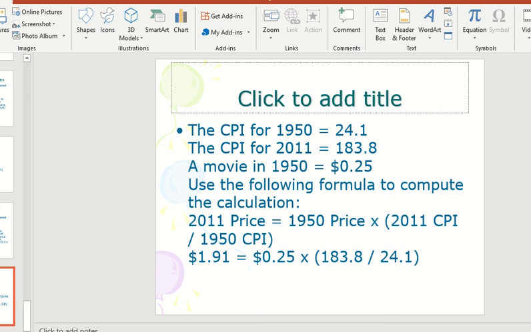That means there are other factors that caused the movie ticket price to rise faster than inflation. It could be filmmakers being overpaid. It could be that people nowadays are more likely to pay a premium for entertainment. And you can also argue that the quality of the movie is much better these days than in 1950. We have so many special effects, and it costs more to make, and so on and so forth.